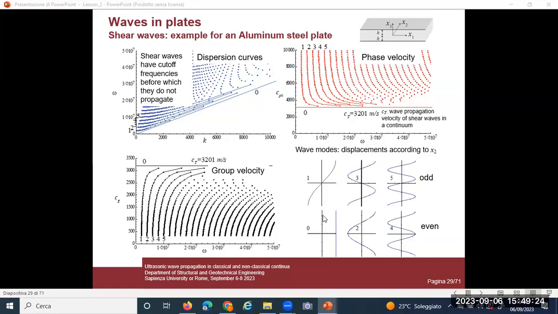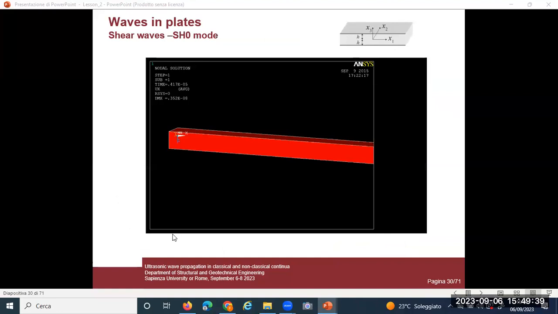You see, 0 means the SH0 mode, that is the first shear mode. What is that? It's a wave mode where all the points move by the same quantity. It is exactly this one.